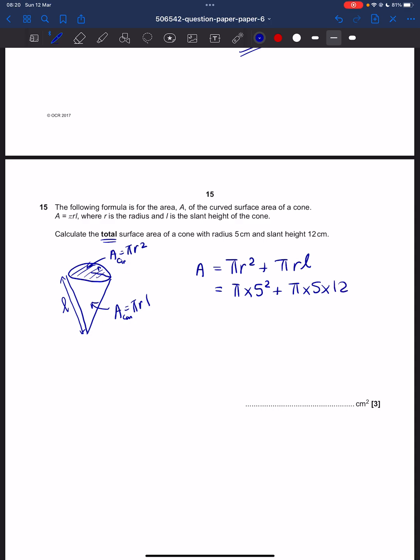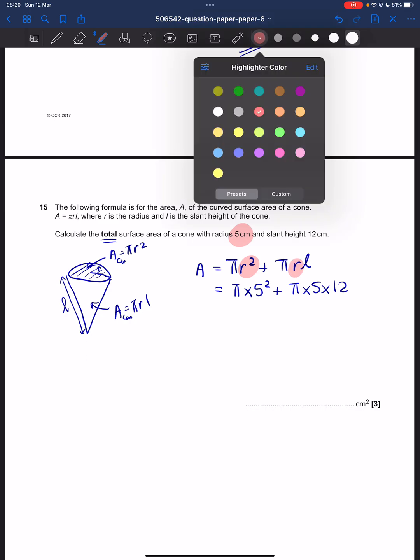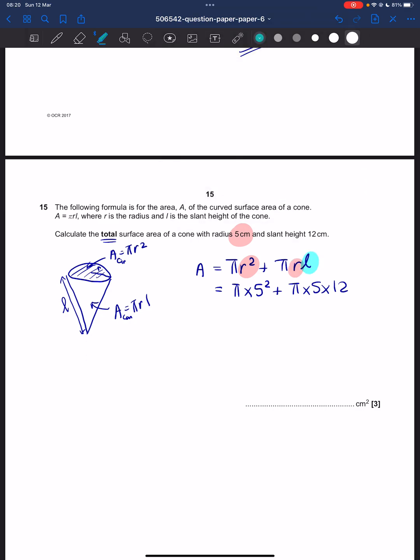So it's just putting all these numbers in. That radius there goes in there and there, and that L goes in there. Okay, so this is 25 pi plus 60 pi, so it's 85 pi. Doesn't say to round it off or anything, so let's just leave it as 85 pi.